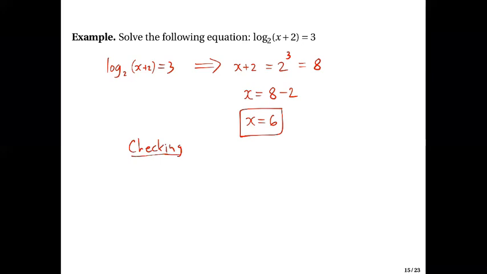When x equals 6, you have log base 2 of 6 plus 2. But 6 plus 2 is just 8, so log base 2 of 8. But what is 8? You can write it as 2 to the power 3. So this is log base 2 of 2 to the power 3.